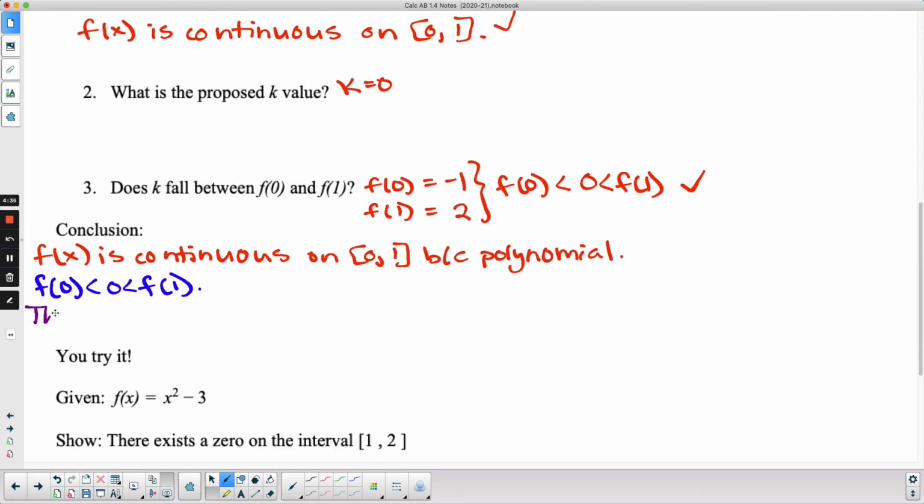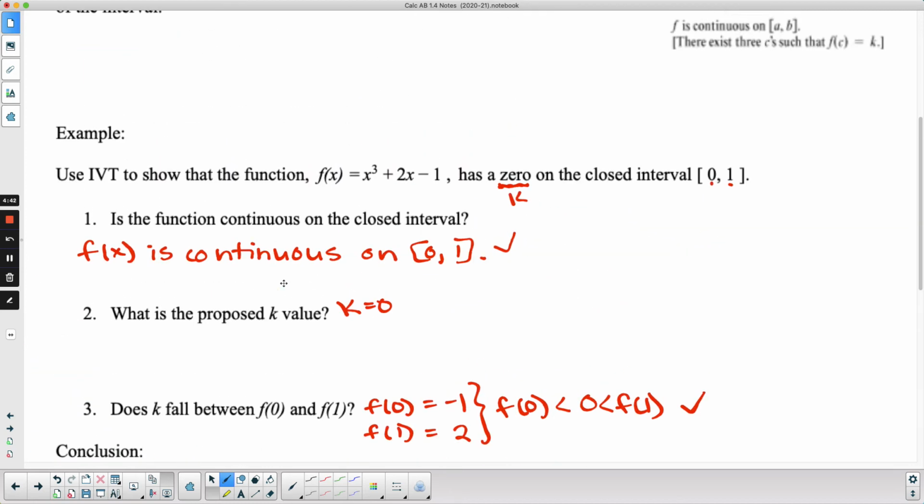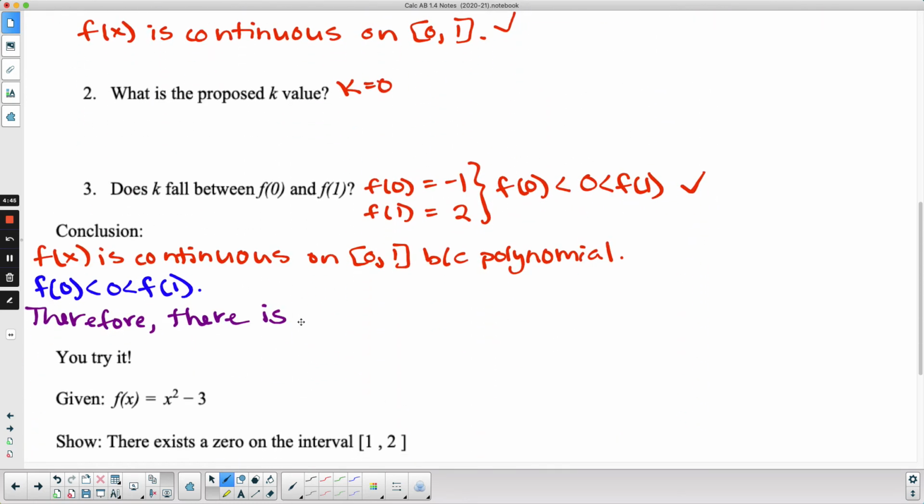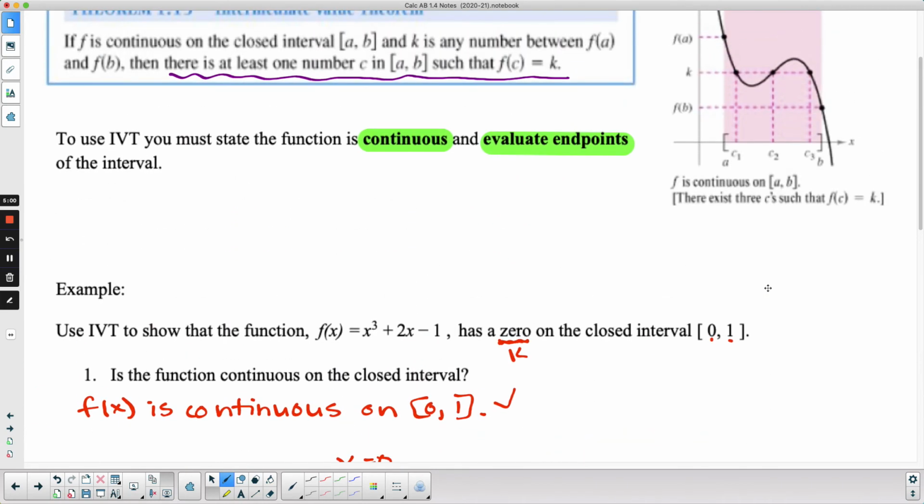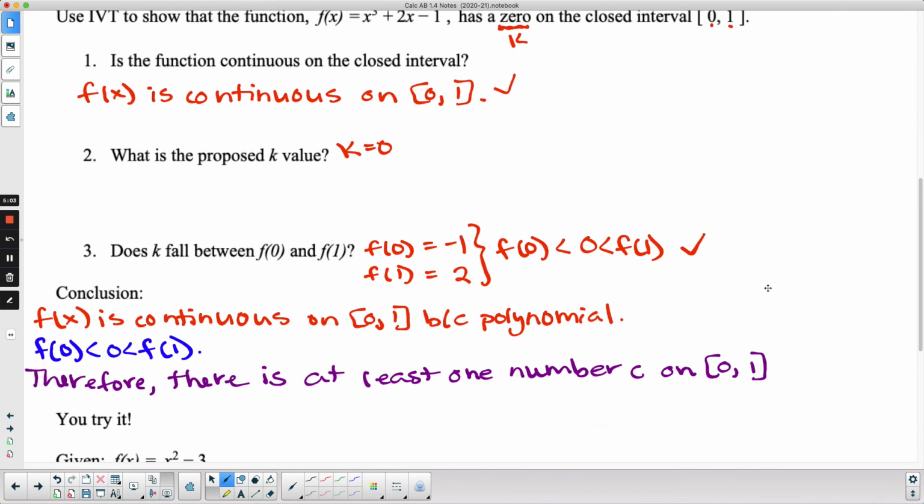All right, so then we can say therefore, there is, and we're going to just copy it down, at least one number c on the interval 0 to 1 so that f of c equals 0.